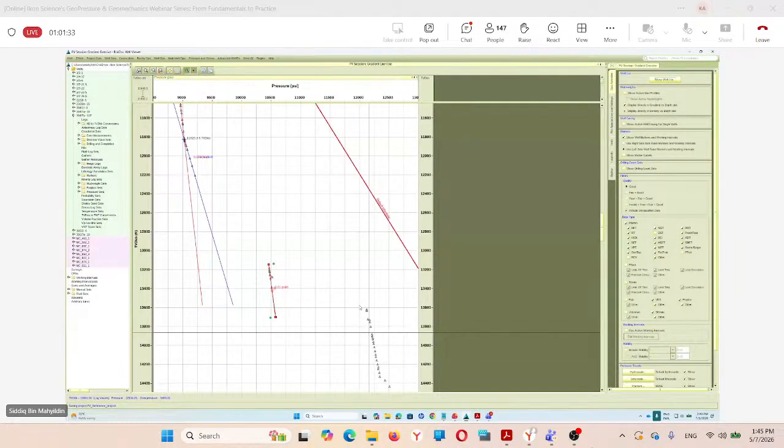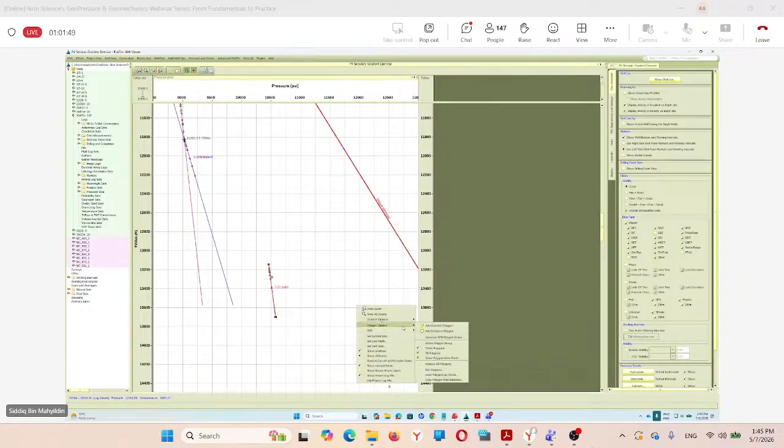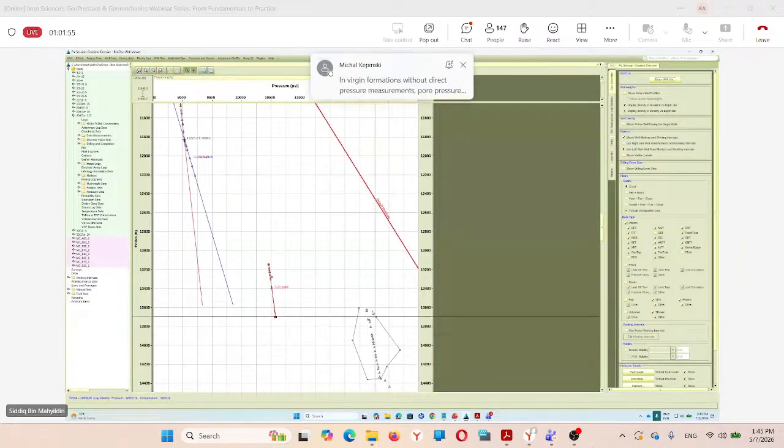This is very rough. Oh no, I want to create a polygon, not a gradient. Polygon. Maybe here. I think the one at the bottom has a different fluid, so we'll ignore that for now.